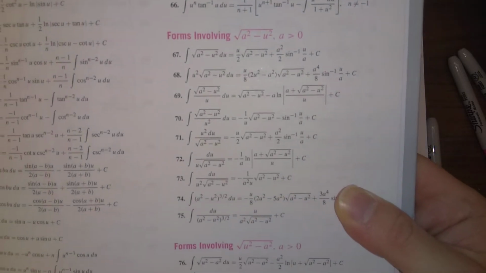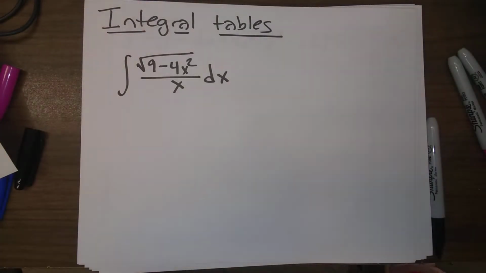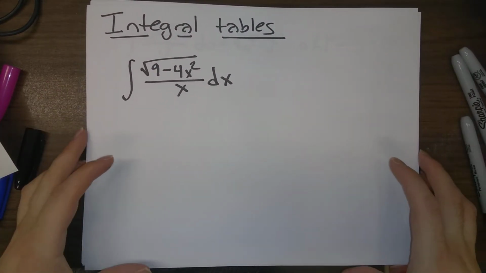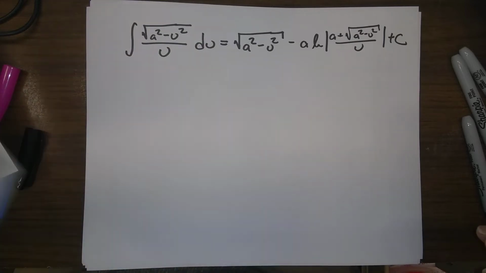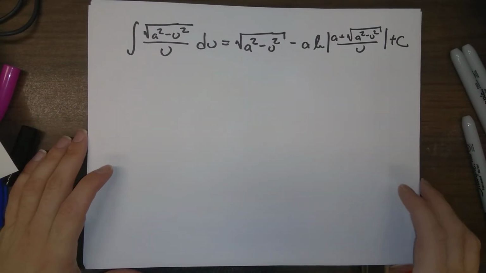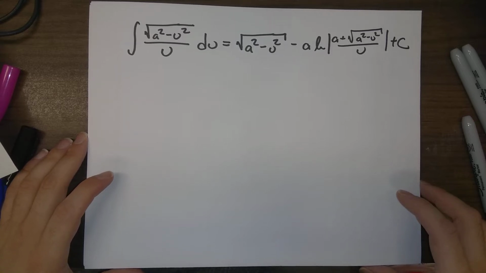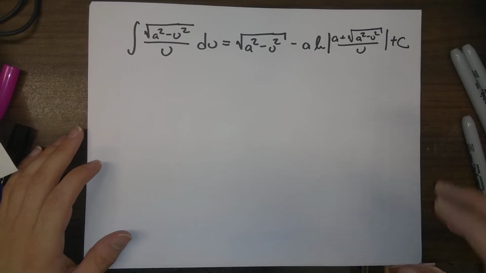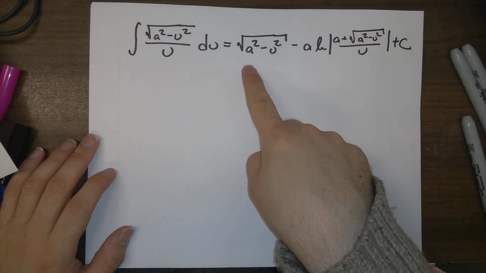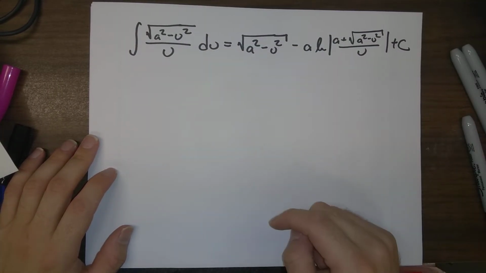Well, that looks kind of like what we have. So comparing things, number 69 in the table tells us that the antiderivative of the square root of a squared minus u squared du divided by u is equal to this expression right here.